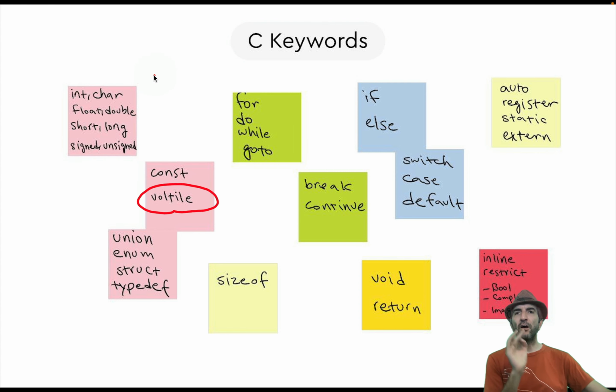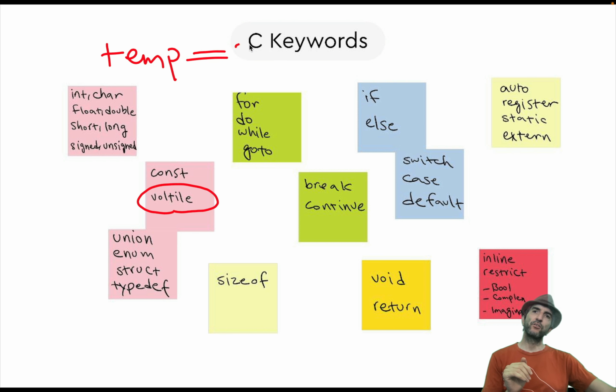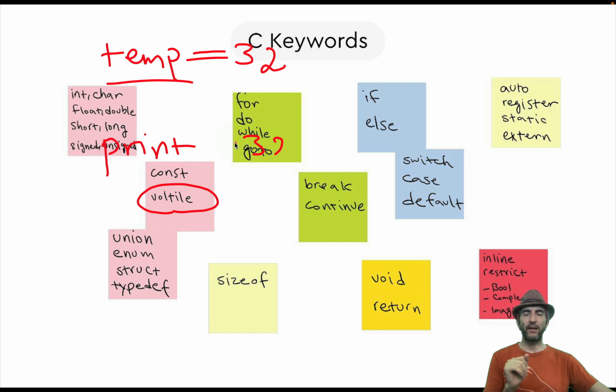You say this variable is volatile, and it's called temperature, and it's 32. Later, you may print temperature, and it won't be 32 anymore. How is this possible? First, you can have specific hardware.